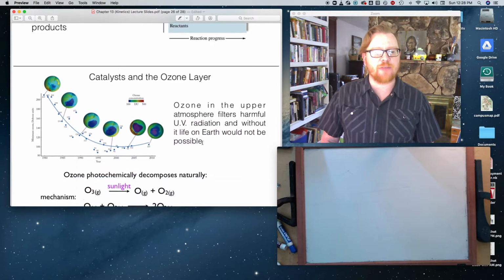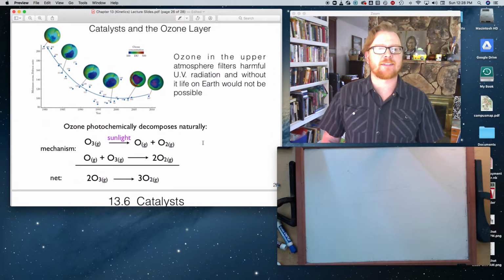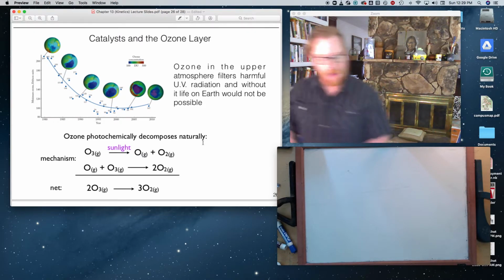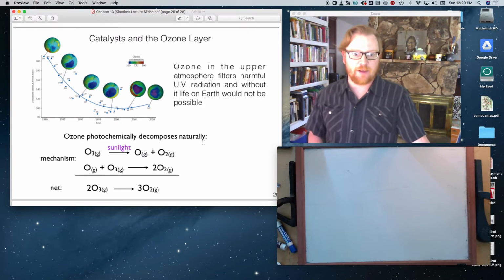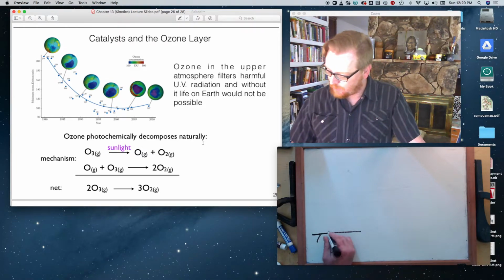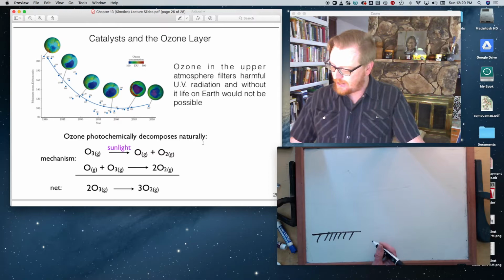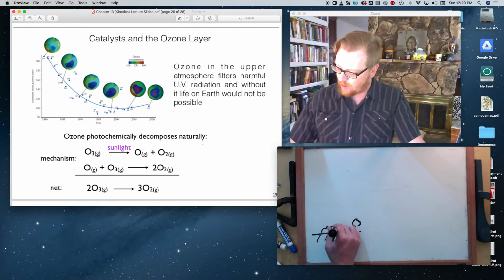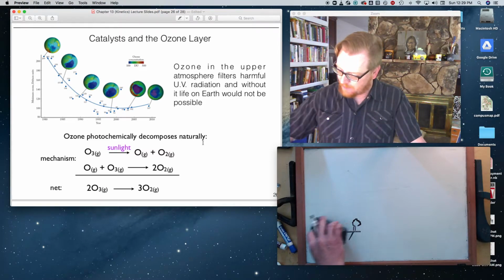Okay, so here's a very famous example, catalysts and the ozone layer. So this is like a quick 2-minute lesson on environmental chemistry. So if here is ground level where we live and breathe and eat and stuff, and here's maybe a tree, and here's like a car. This is a really bad looking car.